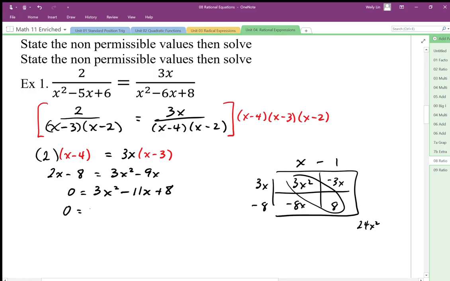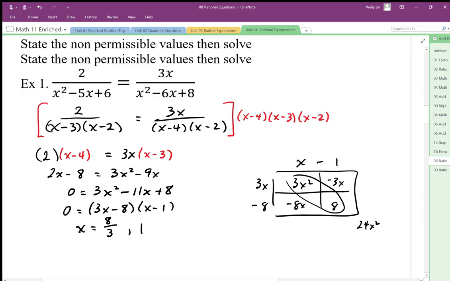So my factors become 3x minus 8 and x minus 1. Solving for x, it's always the back divided by the front, with the opposite sign. That's an easy way to solve for the rational solution from these factors, and x equals 1.